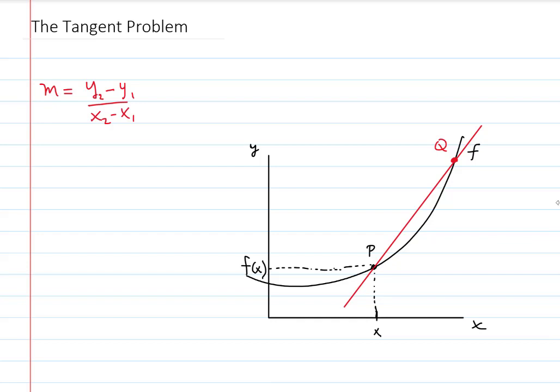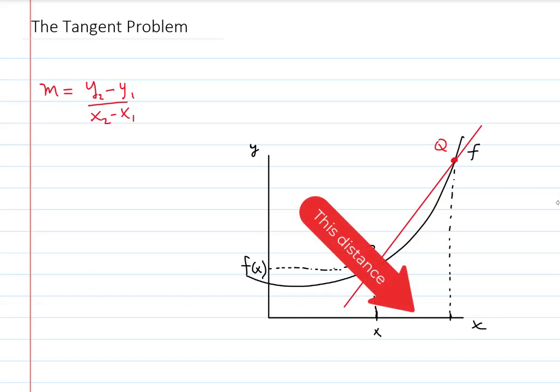Similarly, say this Q happens to be, for the purpose of labeling, some constant distance h from x to this next point on the x-axis. So let's say this point is x plus h.